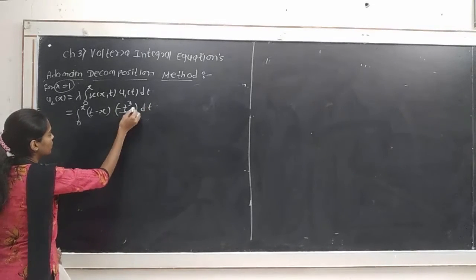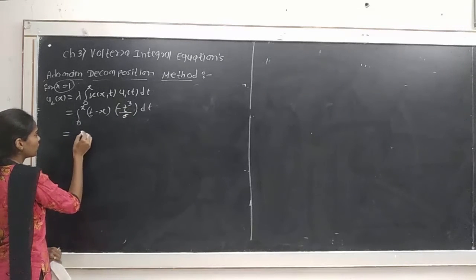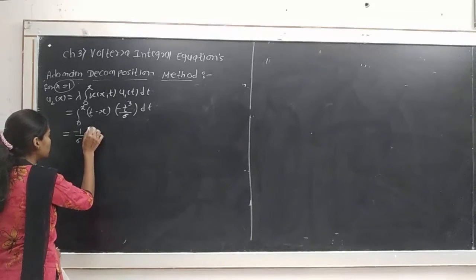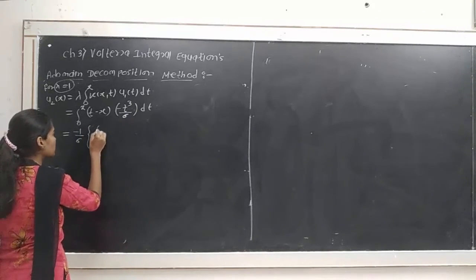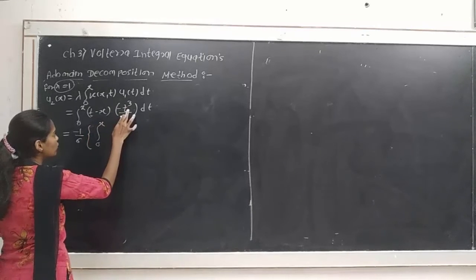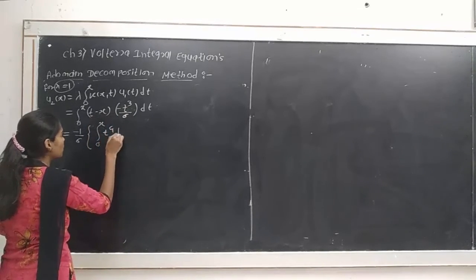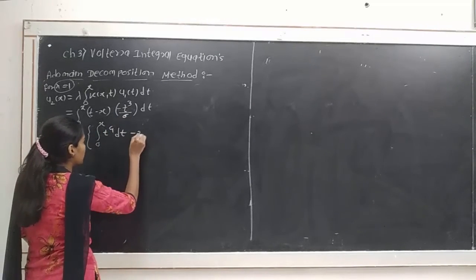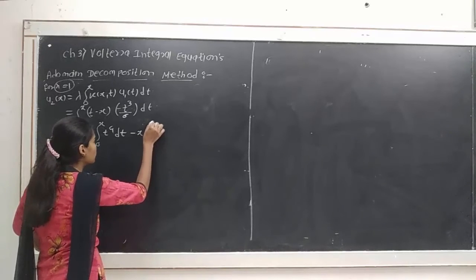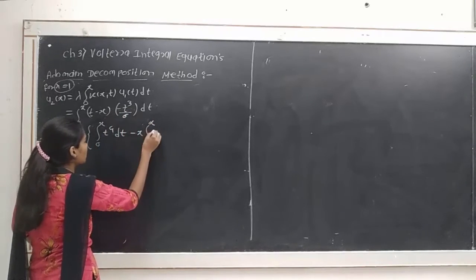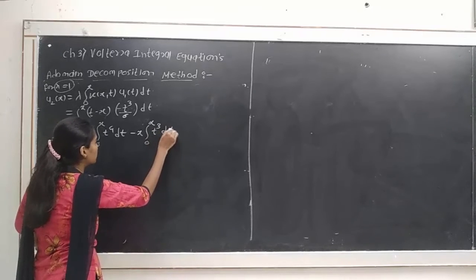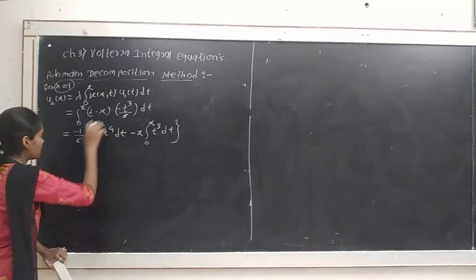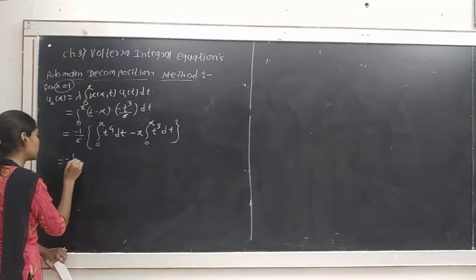So here we take minus 1 by 6 outside, and in the curly bracket we separate this integral. In the integration from 0 to x, t cubed into t becomes t raised to 4 dt. Then minus x, taking x outside, the integration from 0 to x of t cubed dt. The curly bracket is complete. Taking the minus sign outside, we have minus 1 divided by 6.